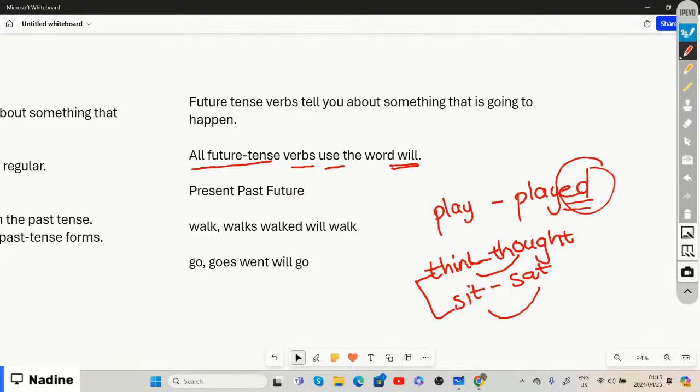I will walk to the park, right? Some people would also say I'm going to walk to the park. If you're on your way to school, you'll say I will walk to school. Or if you're later on maybe going to play, then you say I'm going to play at the park.